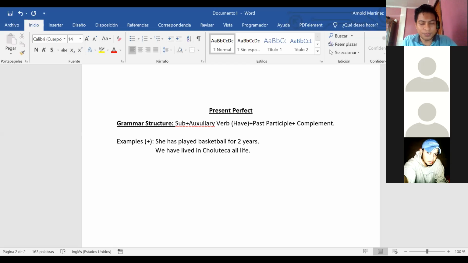Another sentence. They what? Have. Contraction of they have. They've. In Spanish, esta contracción solo se puede hacer en present perfect.